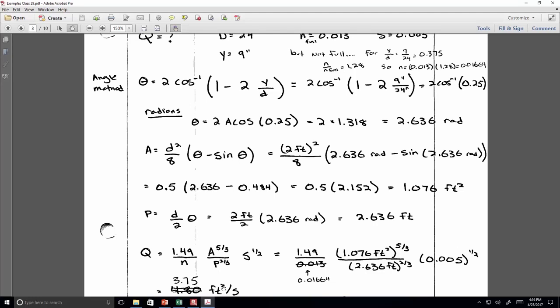Yeah? You said, what if you don't know the flow depth? So in this hypothetical that you're describing, what are we trying to find? Okay.